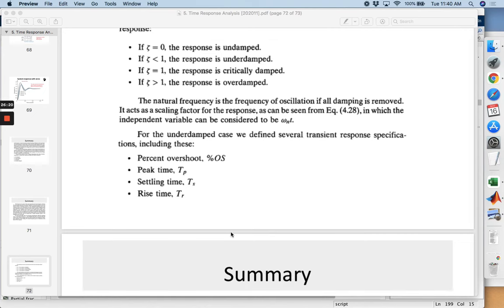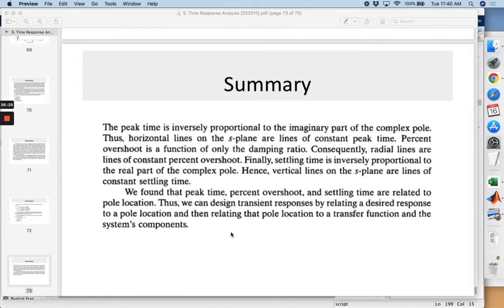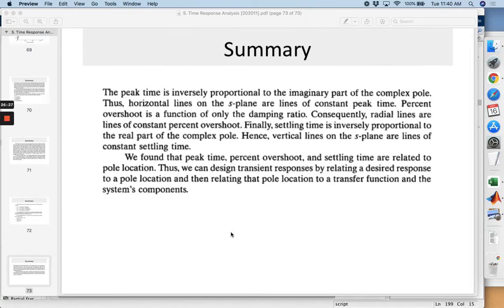And we also learned about the effect of the third pole on the second order approximation. If we have a higher order system, third order, fourth order, fifth order, and so on, if the poles are located more than 5 times the ratio to the dominant poles, then we can use the second order approximation for the higher order system.